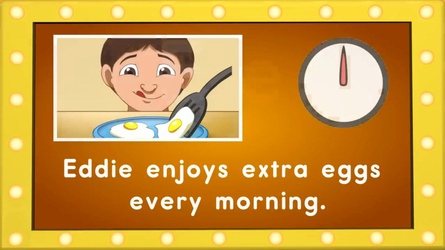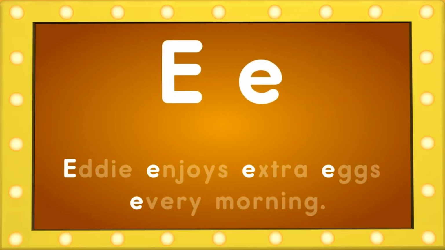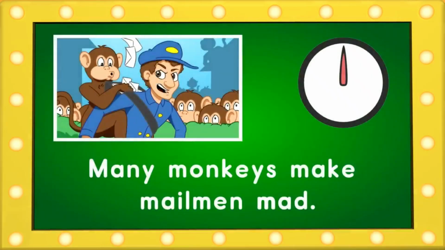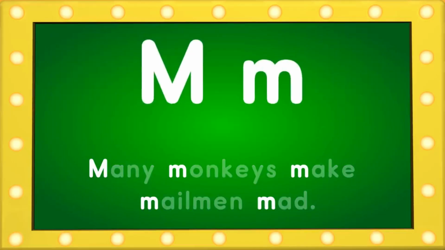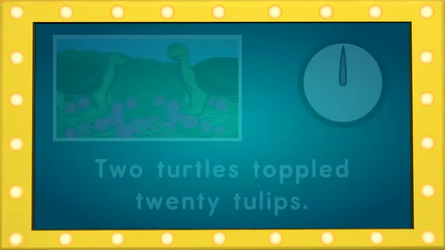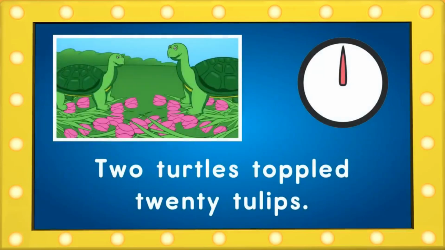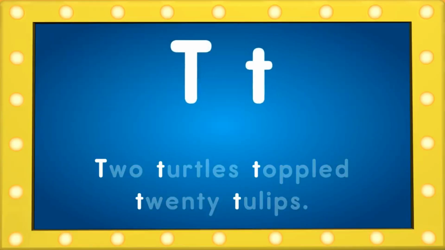The answer is E. Many monkeys make mailmen mad. The answer is M. Two turtles toppled 20 tulips. The answer is T.